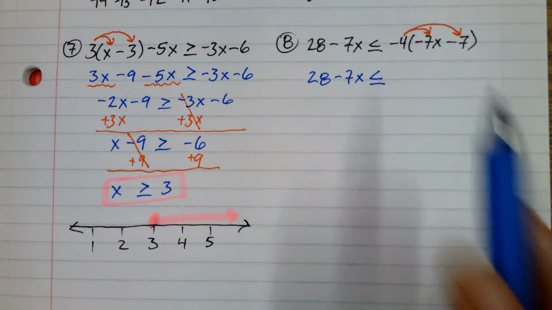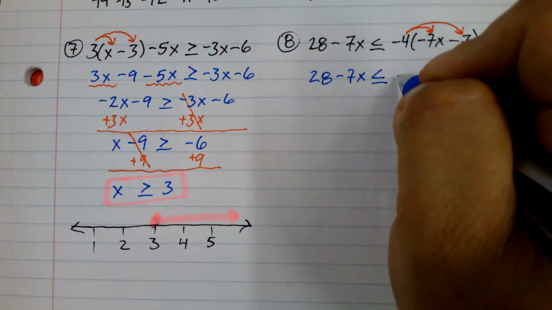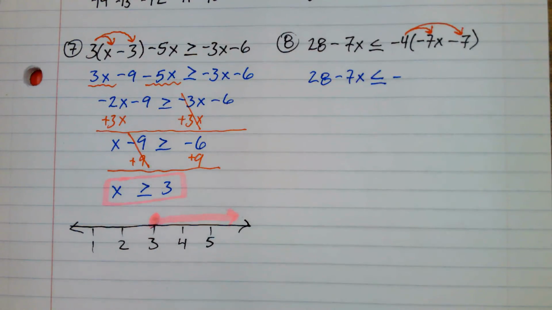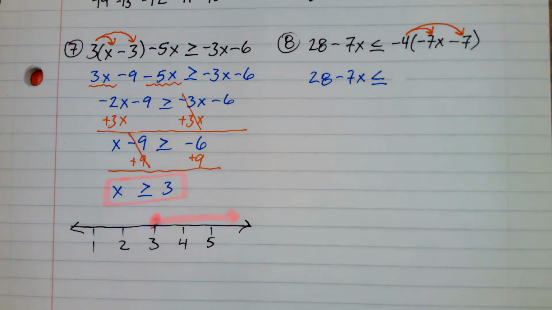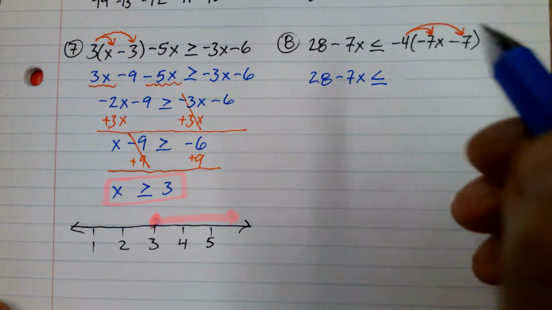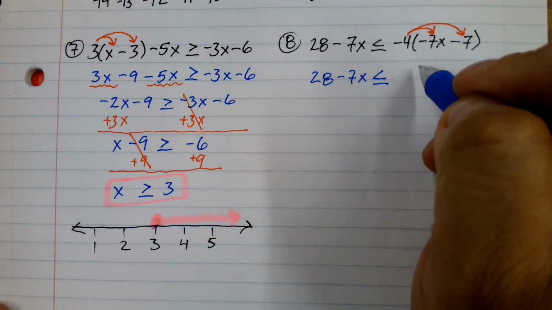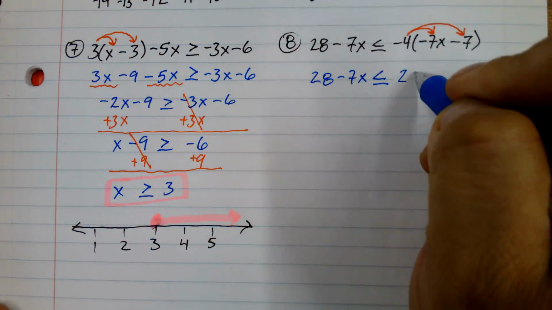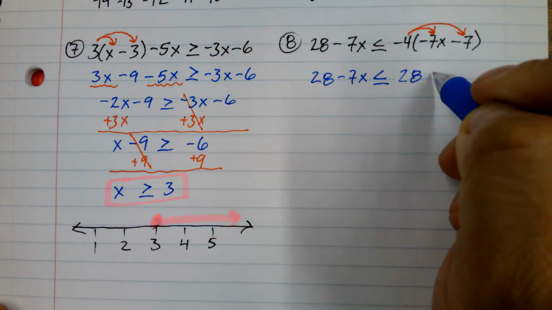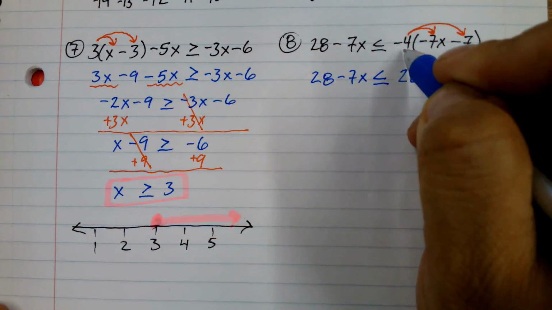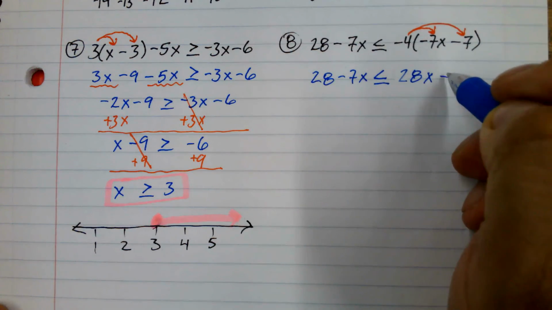Negative times a negative is a negative. So a negative times a negative is a positive. What am I talking about? So that's 28x and then negative times a negative is a positive, plus 28.